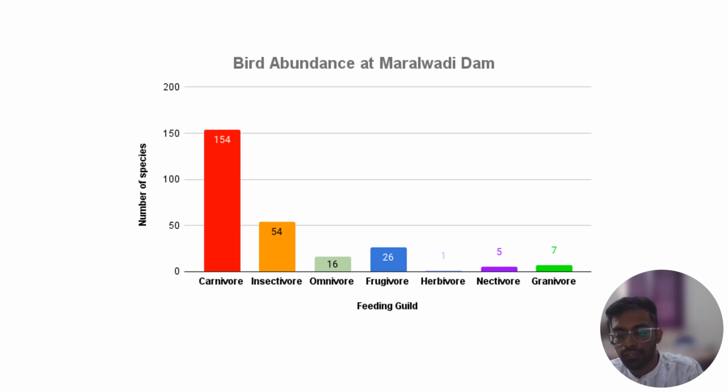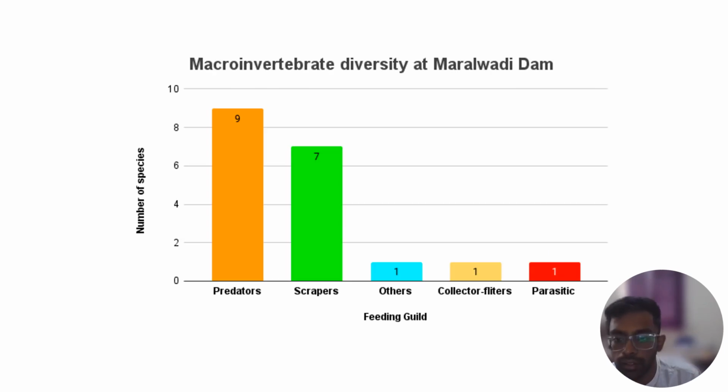Moving on to the next taxa, which is the macroinvertebrates. Here, during the preliminary study, 18 species were collected, out of which the predators were more. To give some clarification, the predators here are the damselfly nymph and water striders.